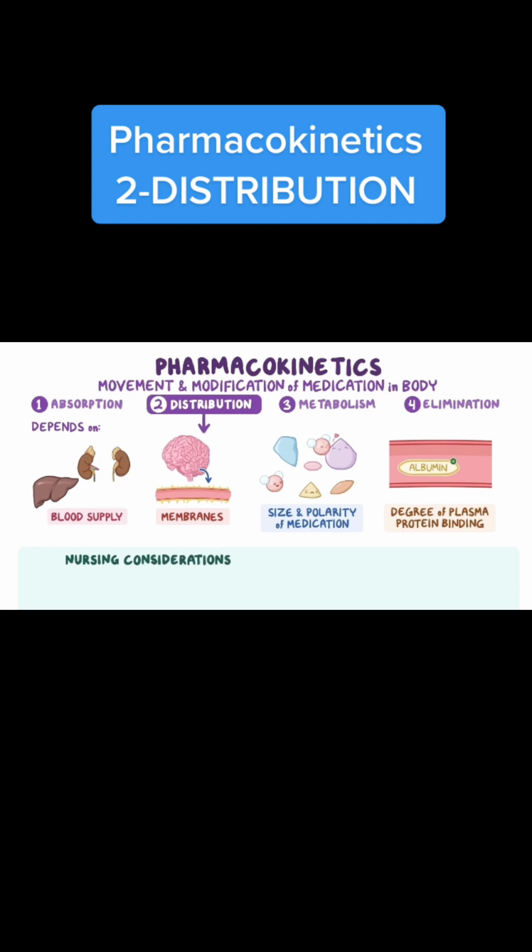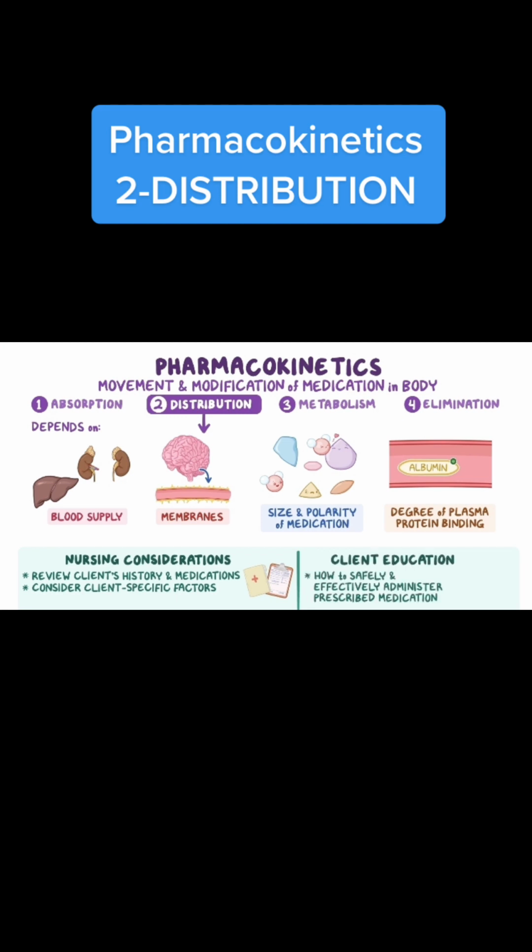Nursing considerations for medication distribution include reviewing the client's medical history, medications taken, and considering client-specific factors that can affect medication distribution. Client teaching focuses on safe self-administration and learning to recognize symptoms of medication side effects or toxicity.